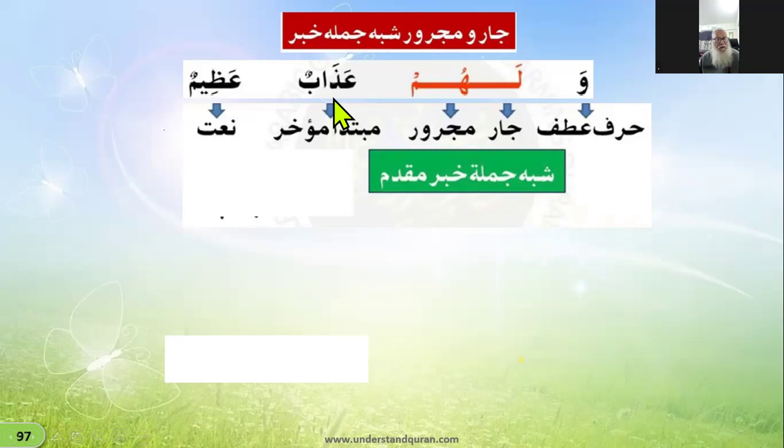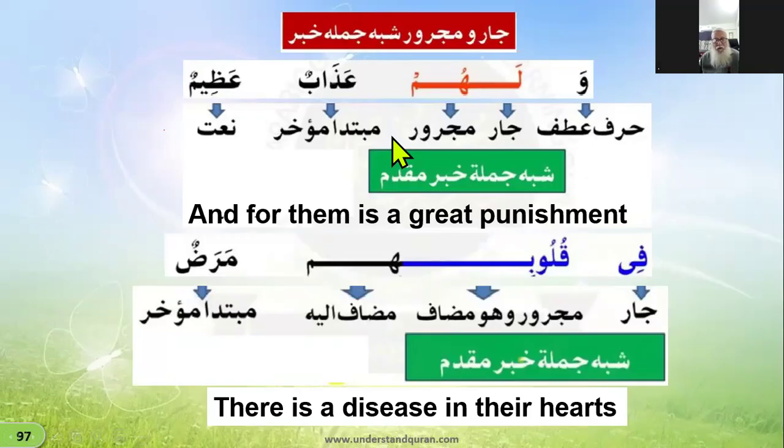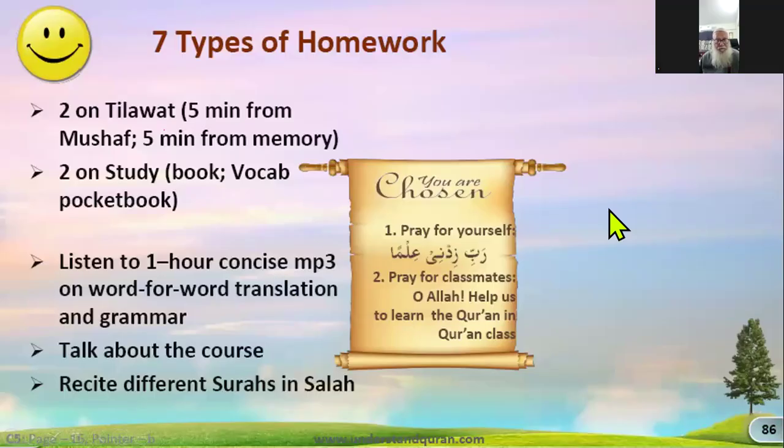Azimun is sifa of the azab. Fi qulubihim marad. Fi qulubihim jar majrur, and qulub is a mudaf, hum is the mudaf ilayh. So it's complete is jar majrur shibe jumla khabar. Maradun mubtada muakhar.